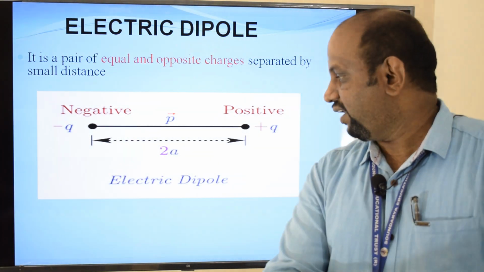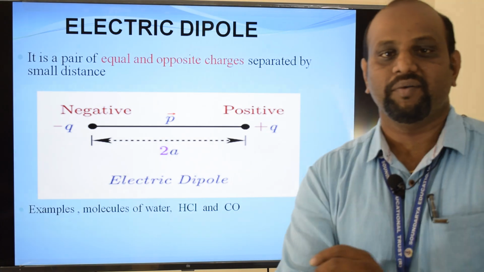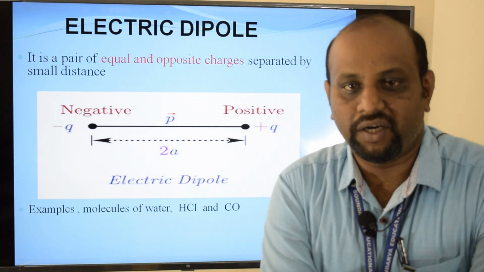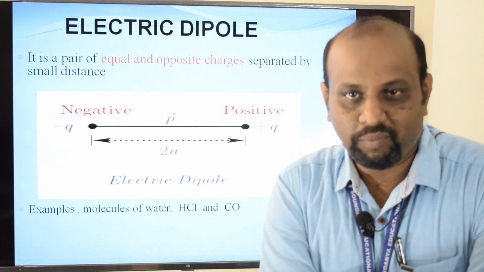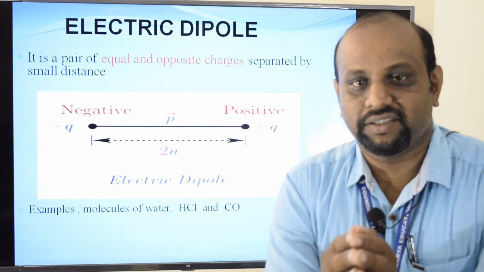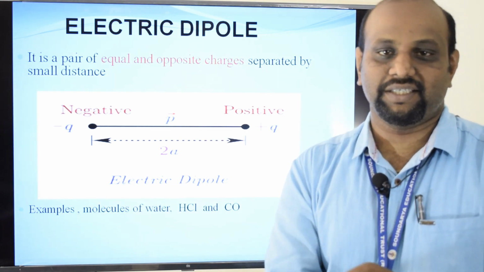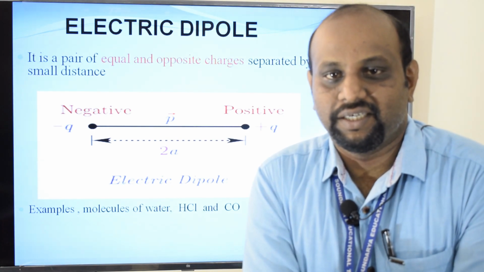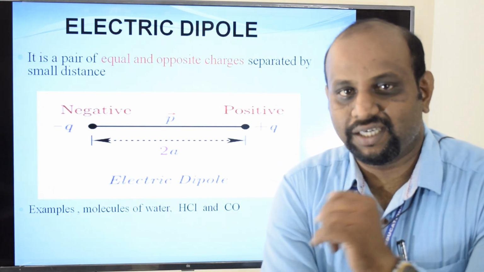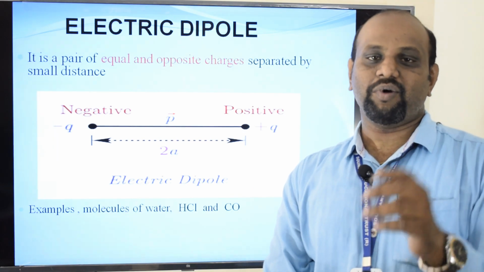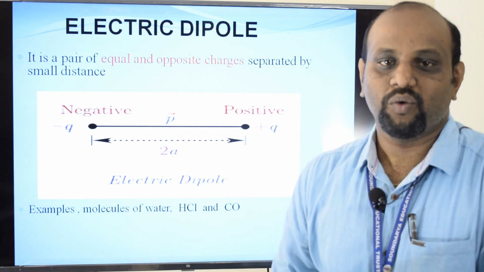Good examples of electric dipole are molecules of water, hydrogen chloride and carbon monoxide. What it means? H2O, H2 plus and O minus; HCl, H plus and Cl minus; carbon monoxide, C plus and O minus.